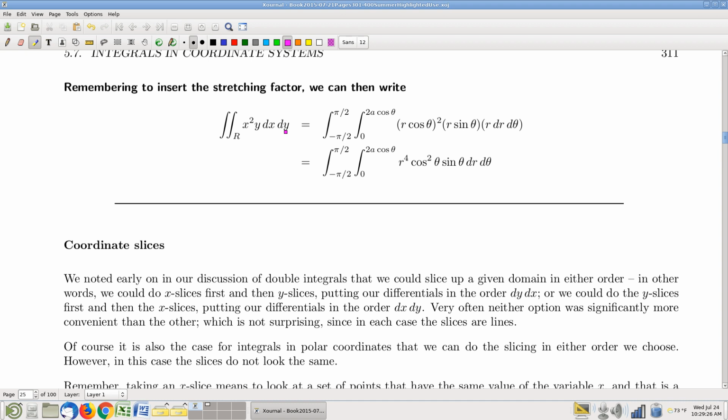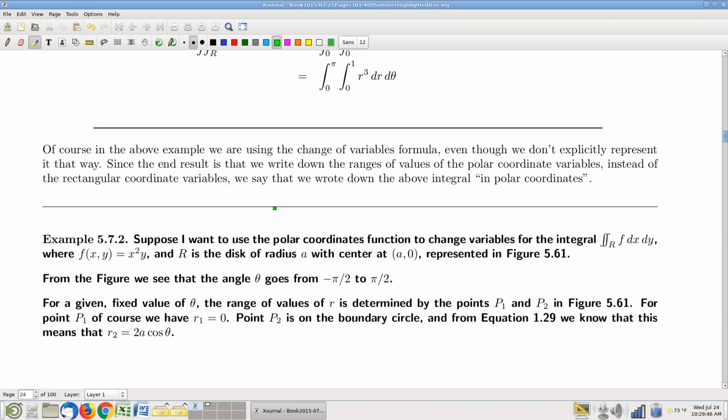Yeah, here we go. R goes from 0 to 2a cosine theta, as theta goes from negative pi over 2 to positive pi over 2. Everybody good? Yep. Why is the equation of the circle not x minus a squared, like in the integrand, I guess?